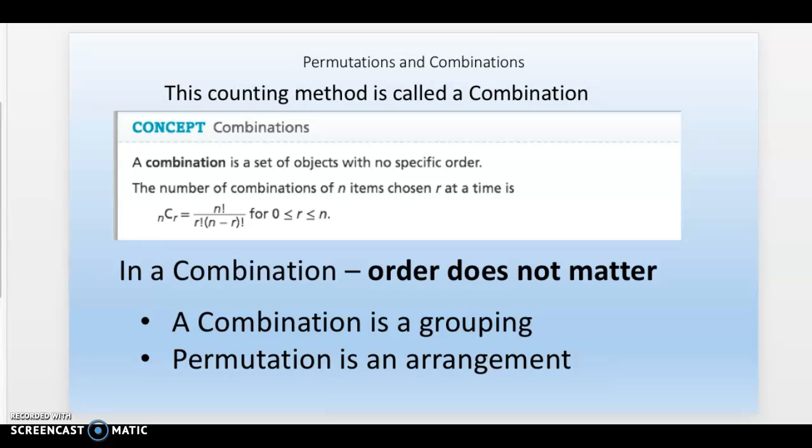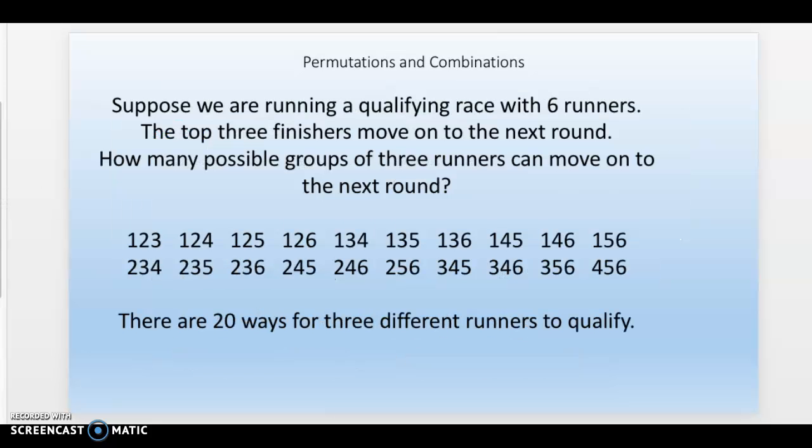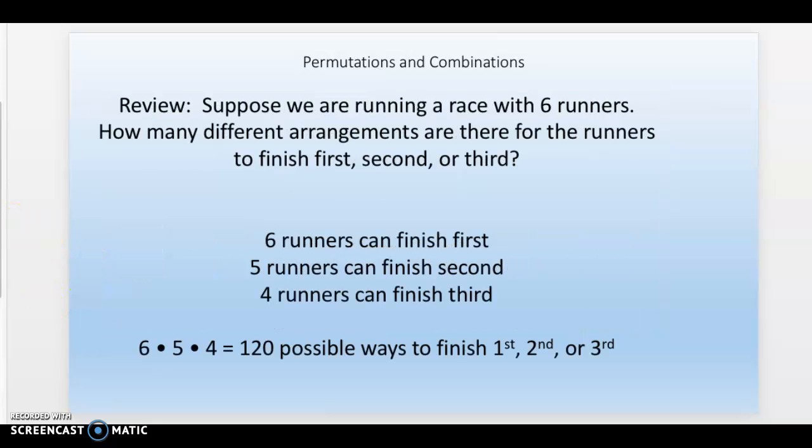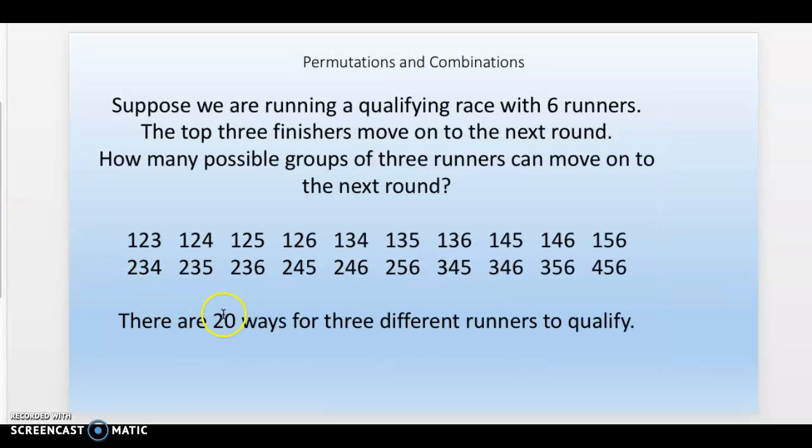Going back up to the example, r in this case is 3, and 3 factorial is 3 times 2 times 1, which is 6. Each one of these groups of 3 has 6 permutations, so we have to divide the 120 that we got here by 6 to get our answer of 20 for the combination.